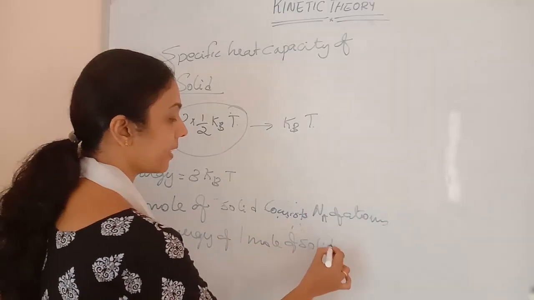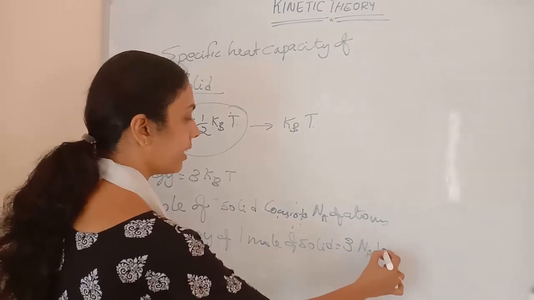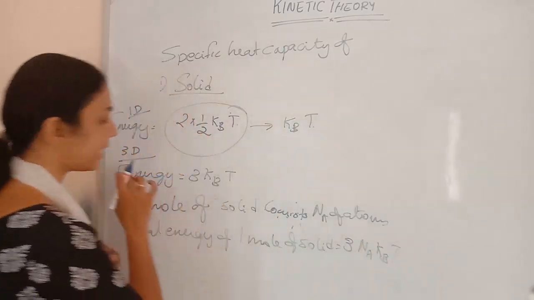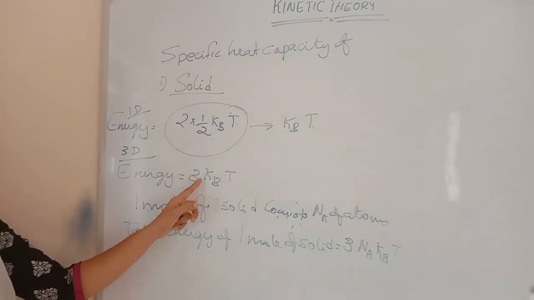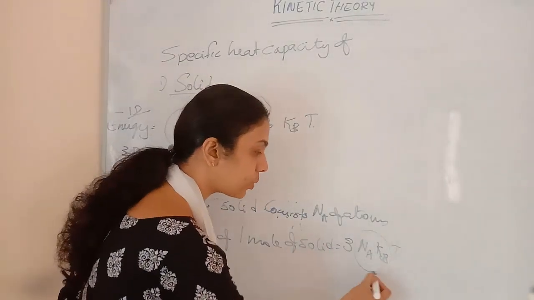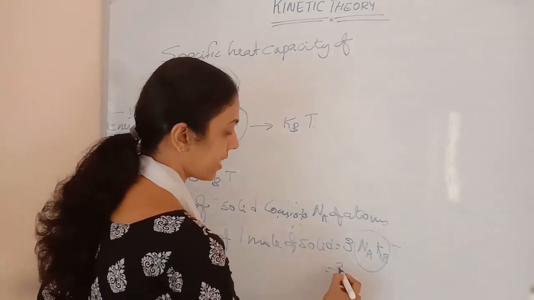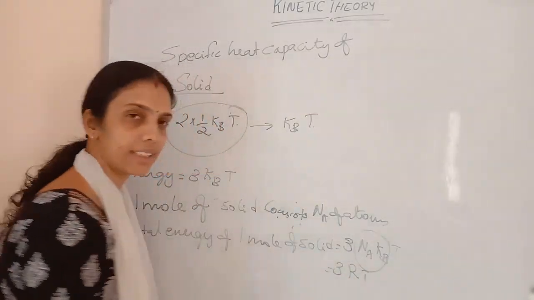It will be having 3 Na kBT in 3-dimensional way. So 3 into kB into Na into T. So what is this Na into kB? Remembering? Yes, R, universal gas constant. So 3RT.